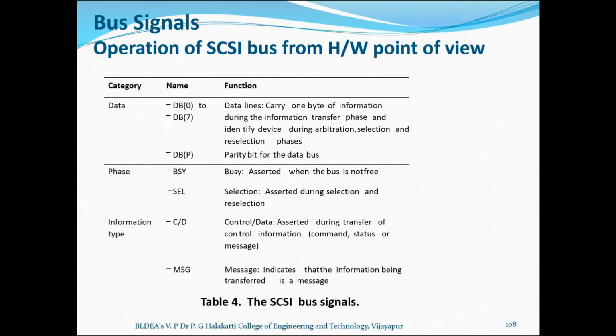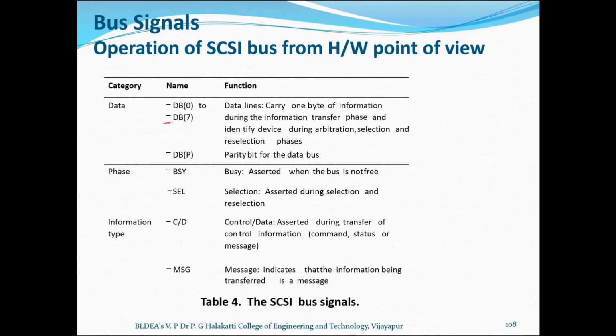Now the bus signals are shown in the table here. All signal names are preceded by a minus sign, as you can see here, to indicate that they are active low. Address lines are not present. Data lines are used to identify the bus controller involved in data transfer.